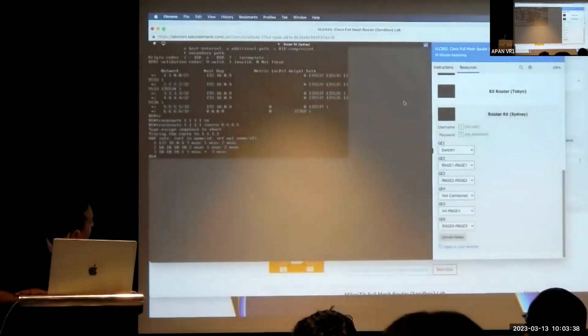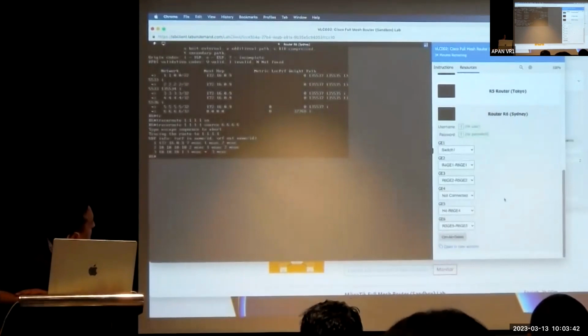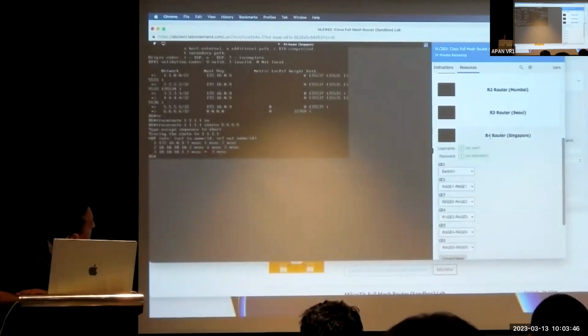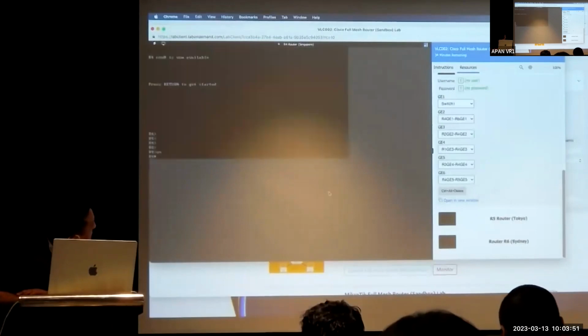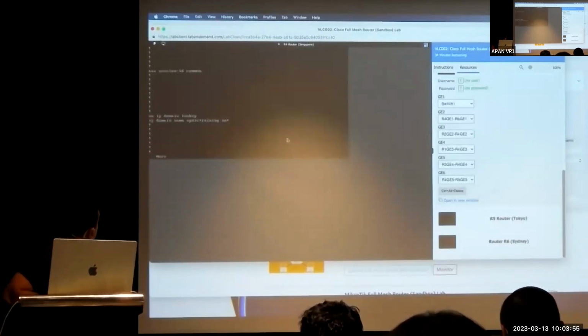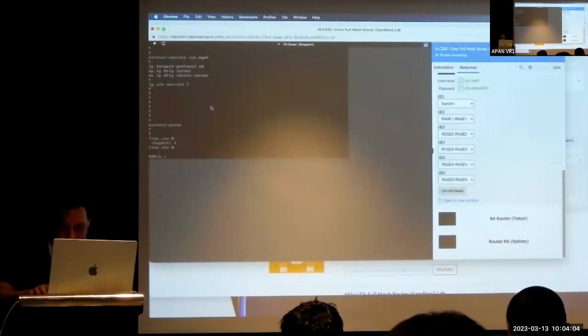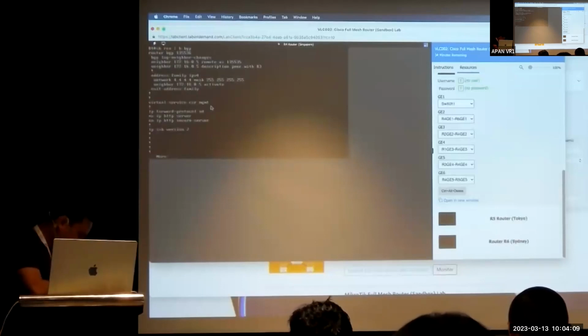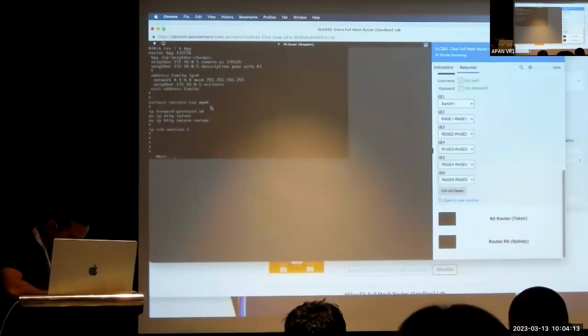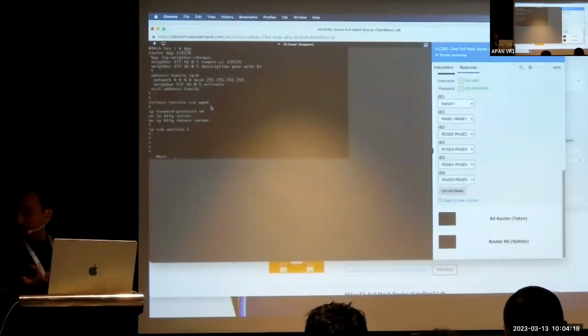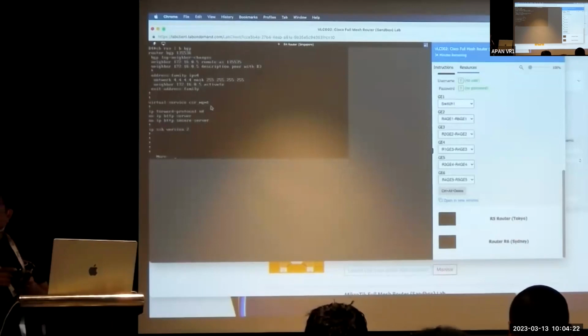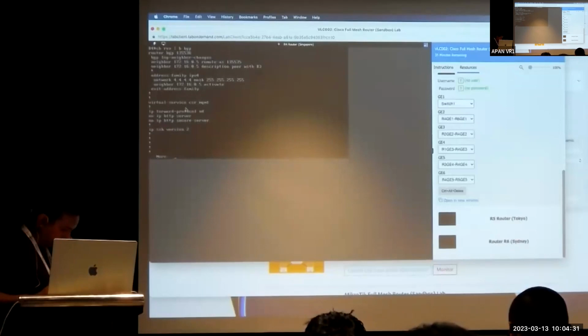Okay, so on R4, you just go to R4 here. If I look at my configuration here in BGP, R4 has one neighbor, that's R3 in the diagram, right?